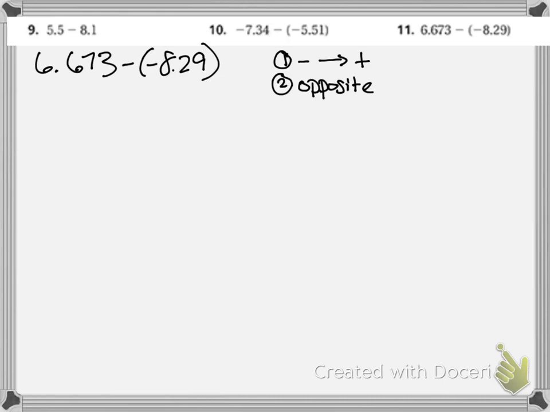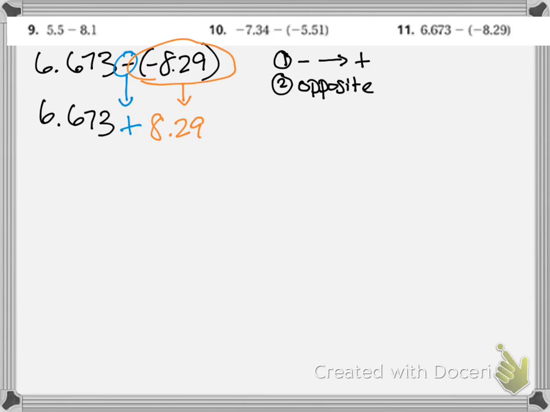Okay, so change subtraction to addition. And then I need to take the opposite of negative 8.29, which is positive 8.29. I take the first number and leave it the same. So now I have this addition problem.